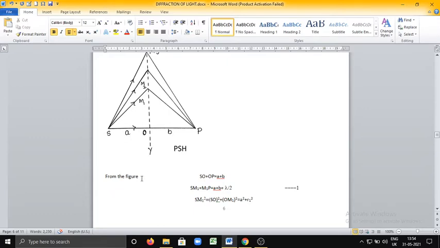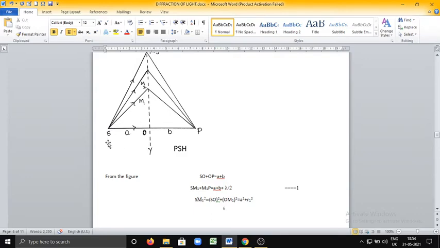Now, from the figure, we know that SO plus OP is equal to a plus b, because between S and O the distance is a and between O and P the distance is b. Therefore, SO plus OP is equal to a plus b, and SM1 square, by using Pythagoras theorem, we can write square of the hypotenuse is equal to sum of the squares of other two sides.